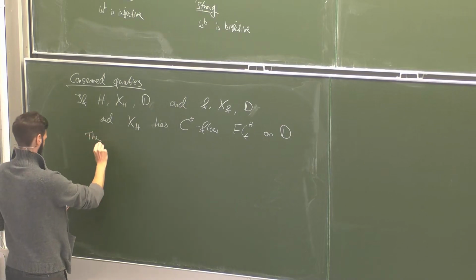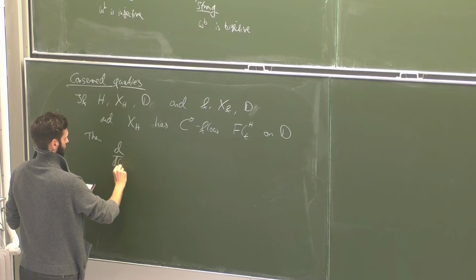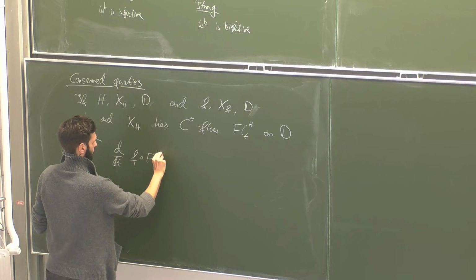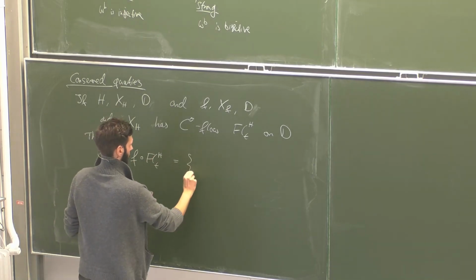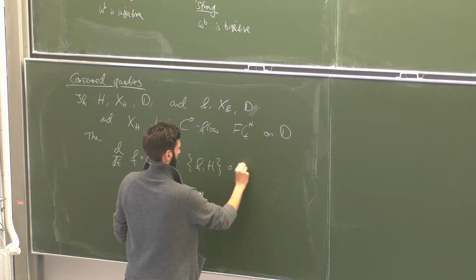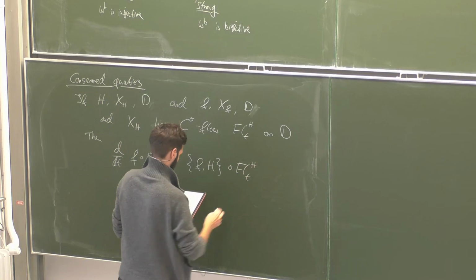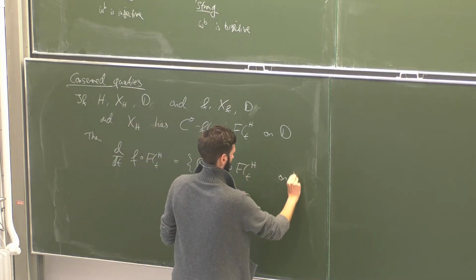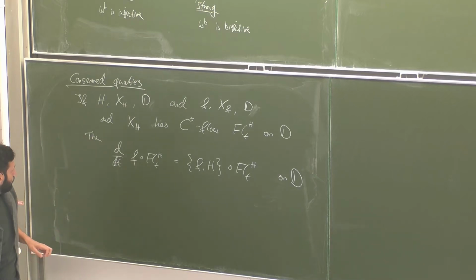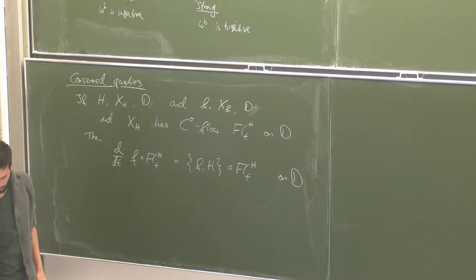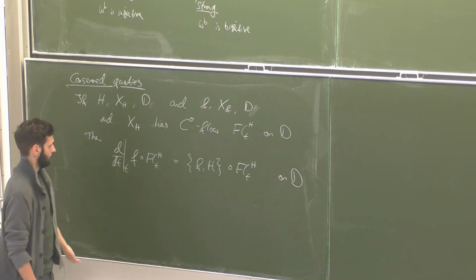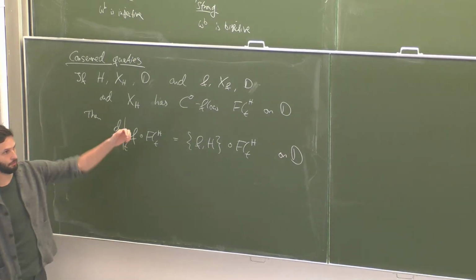And we have the following equation, that d/dt of f composed with the flow of H equals the Poisson bracket of f and H, on the domain D. So formally speaking, that equation follows by just taking the chain rule and then using the definition.